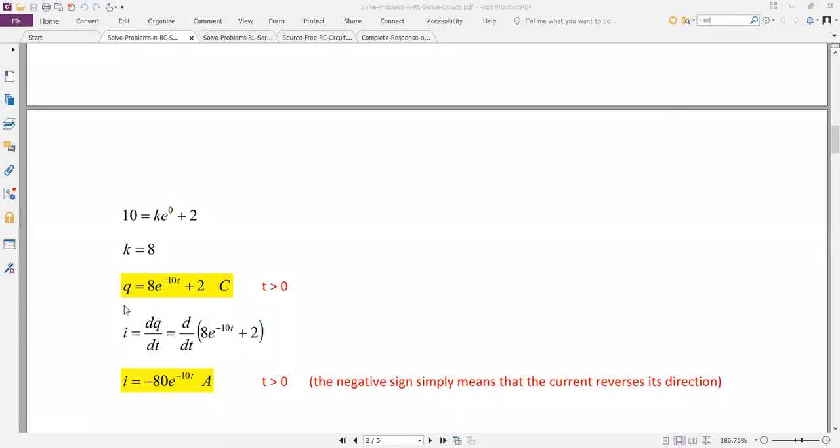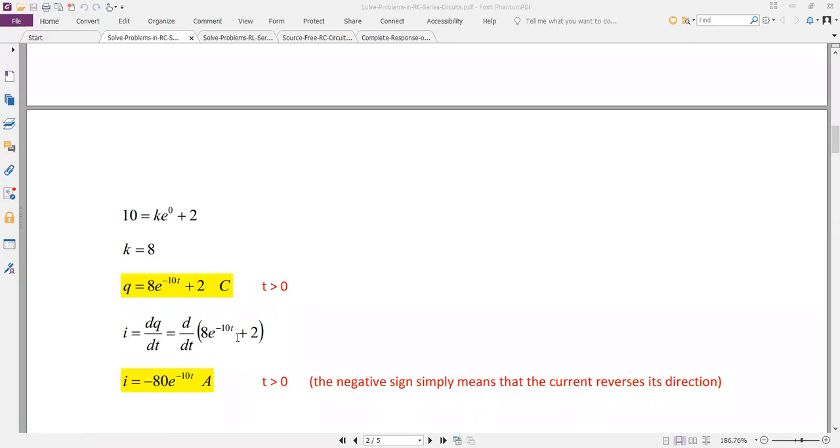And since you already have the equation for the Q, which will solve the charge in your capacitor given the time in seconds, and the unit will be in coulombs, what you're going to do is just differentiate your answer here. This answer should be differentiated, and that should give you the current in the circuit at any particular time.